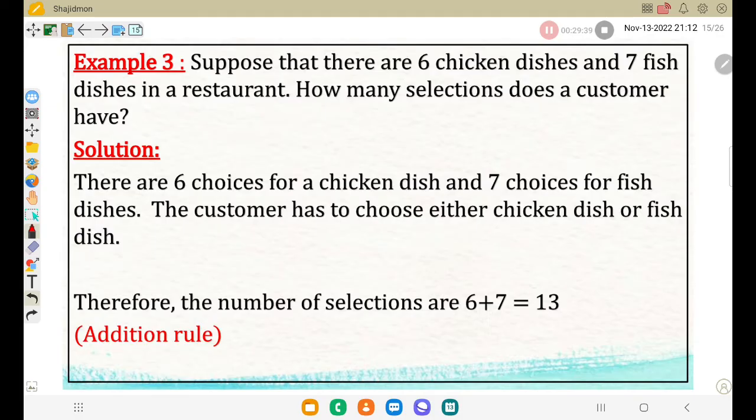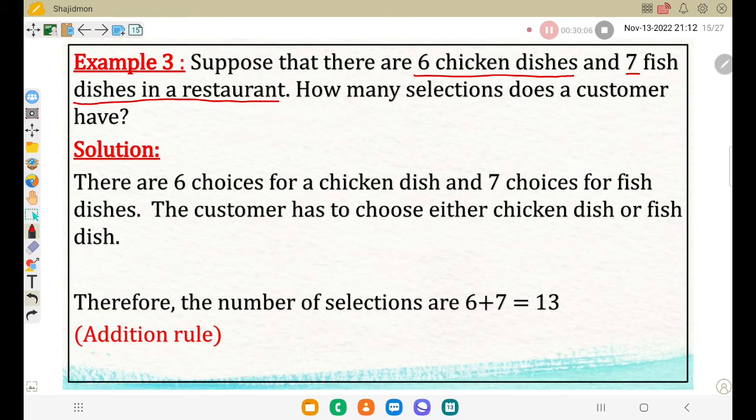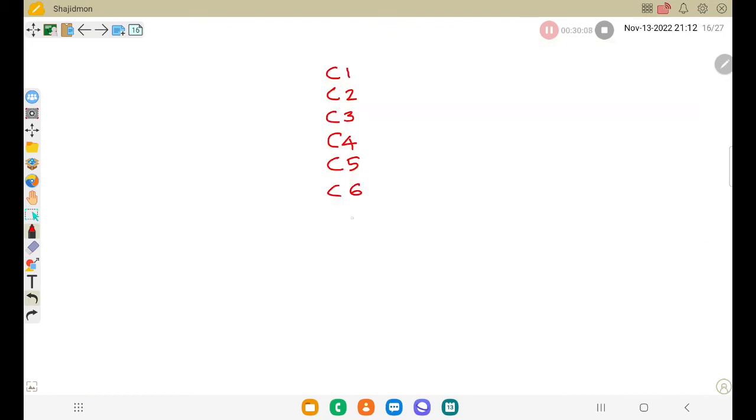Example of the addition rule you can see. One example here: suppose that there are 6 chicken dishes and 7 fish dishes in a restaurant. If you are going to a restaurant, for example, how many chicken dish options do we have? 6 chicken dishes. That means chicken option 1, chicken option 2, option 3, option 4, 5, 6 options, and 7 fish dish options.